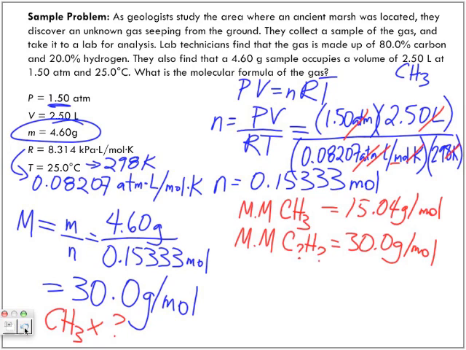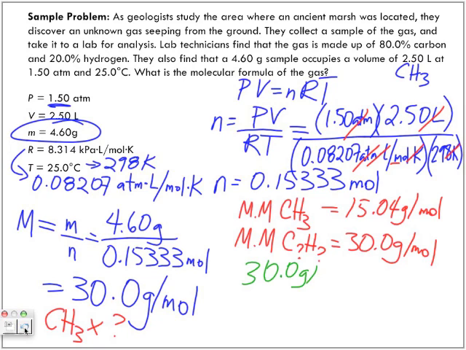Remember, the smallest that this formula can be is CH3. If I divided 15.04 by 30, I'd get 0.5, and I can't get a smaller formula than this. So I'm going to switch those two around.